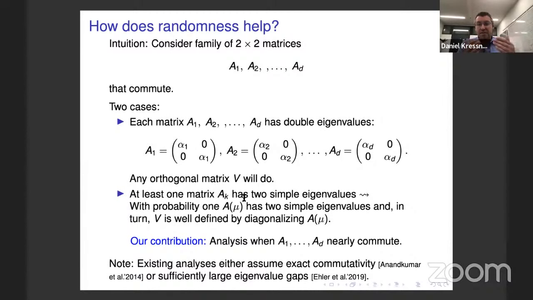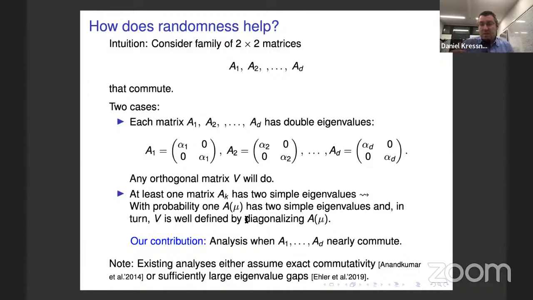Or you have cancellation. But cancellation, because there's some other matrix which also has two distinct eigenvalues, means you are just very unlucky that you take a linear combination and they're going to have double eigenvalues. That also happens with probability 0. And so for the exact commutativity, this procedure actually works with probability 1. You'll find a more formal proof in the work by Anand Kumar.